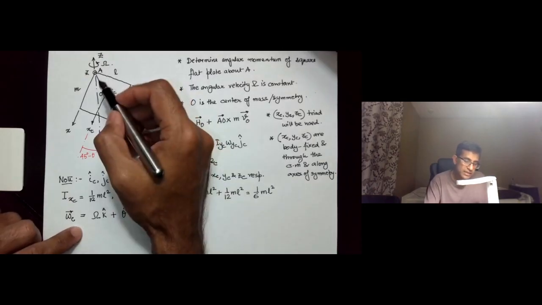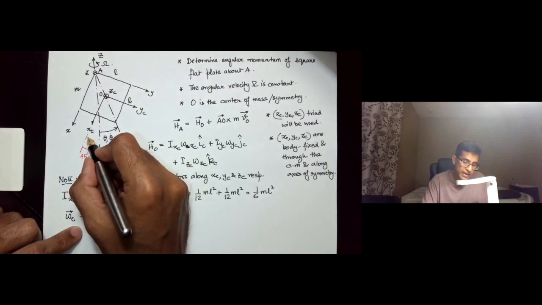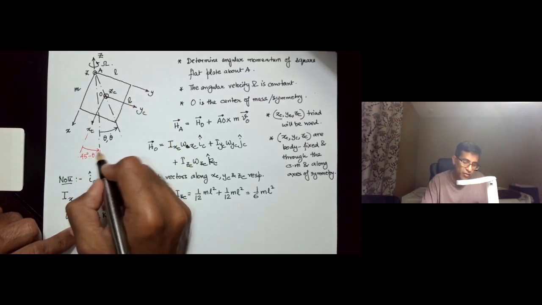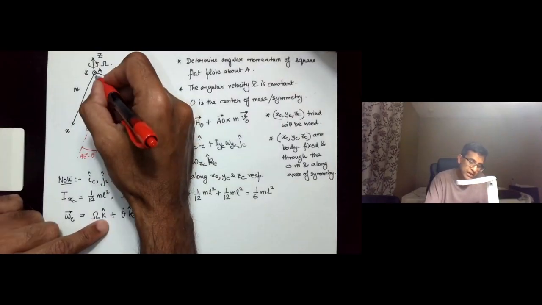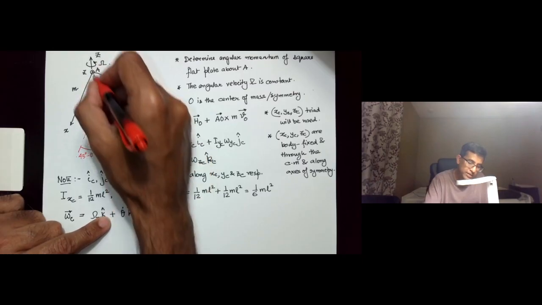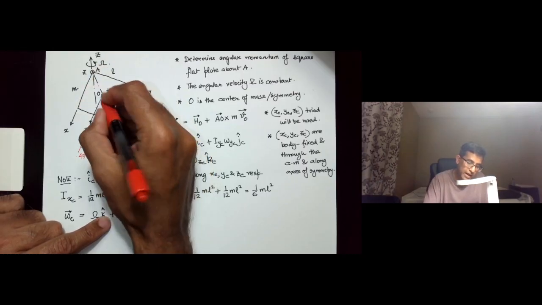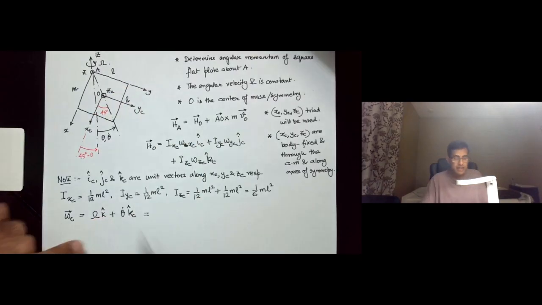So we can see that capital omega has this direction, and you can see that this direction makes an angle of 45 degrees minus theta with the xc axis, and that is simply because this line is the diagonal of the square, and so the diagonal of the square will make a 45 degree angle with the x-axis and with the y-axis.